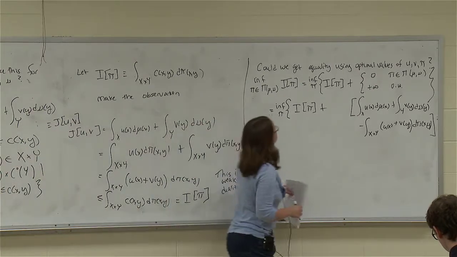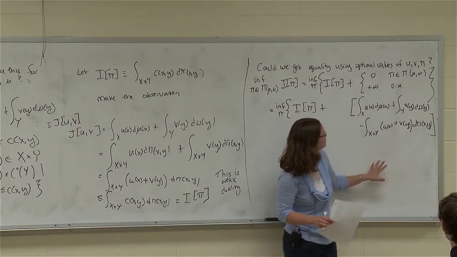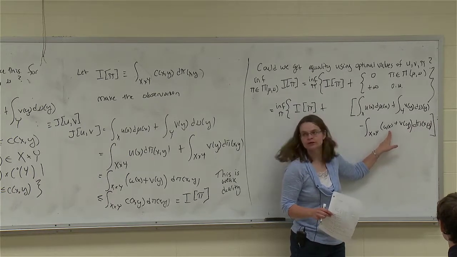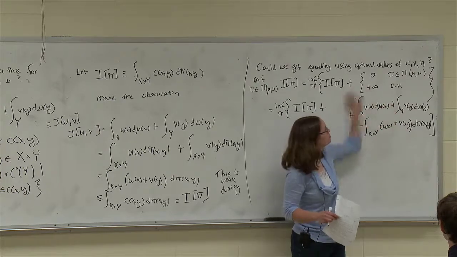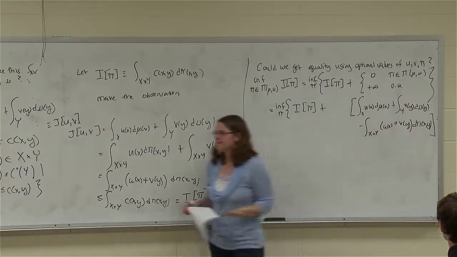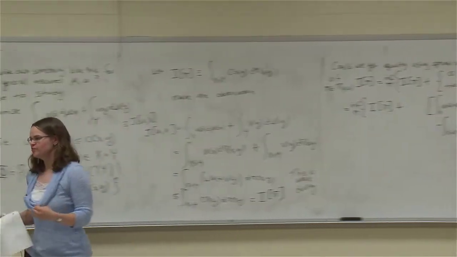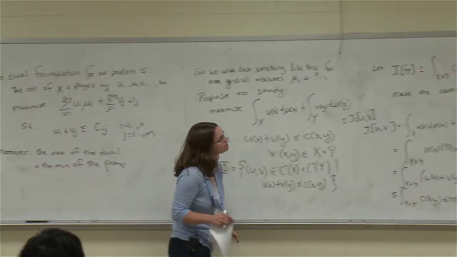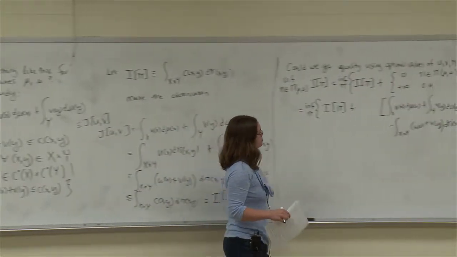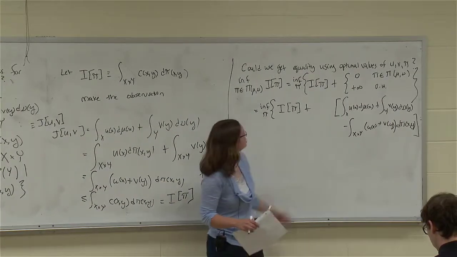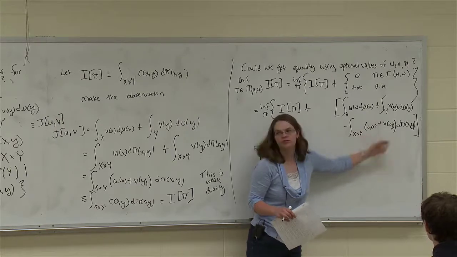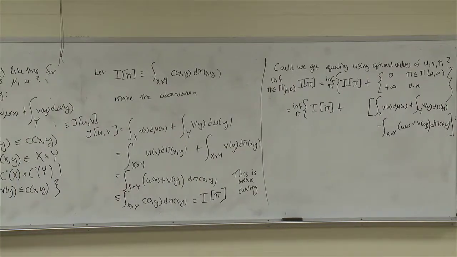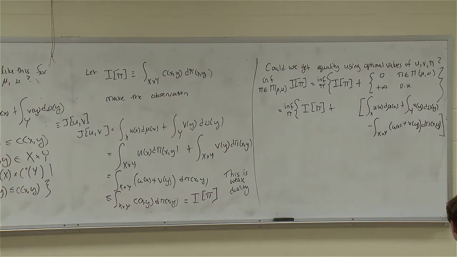Okay, if pi is feasible, we've got the correct marginals here, then we're going to recover here a d mu and here a d nu, and this whole thing is 0, which is what we want. Now, what we also need is that if pi is infeasible, this had better give us infinity. I have choices here. I've just introduced this u and this v, but I haven't said what they are, so we just have to pick something.